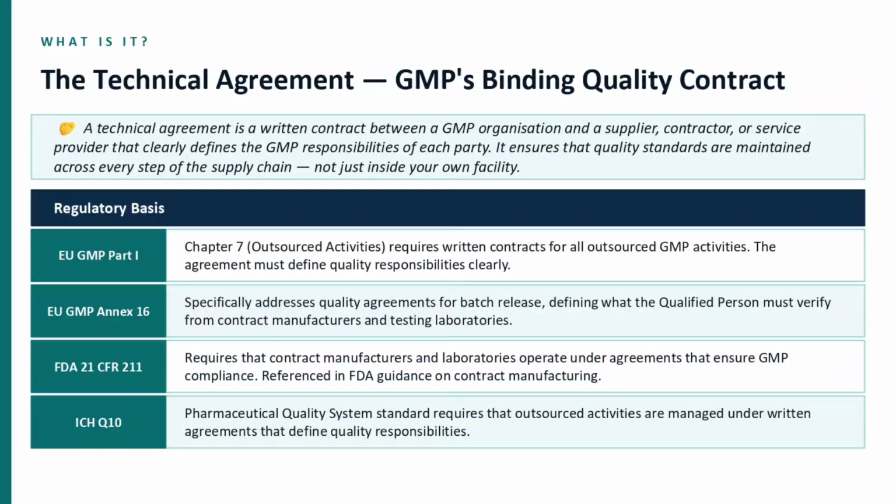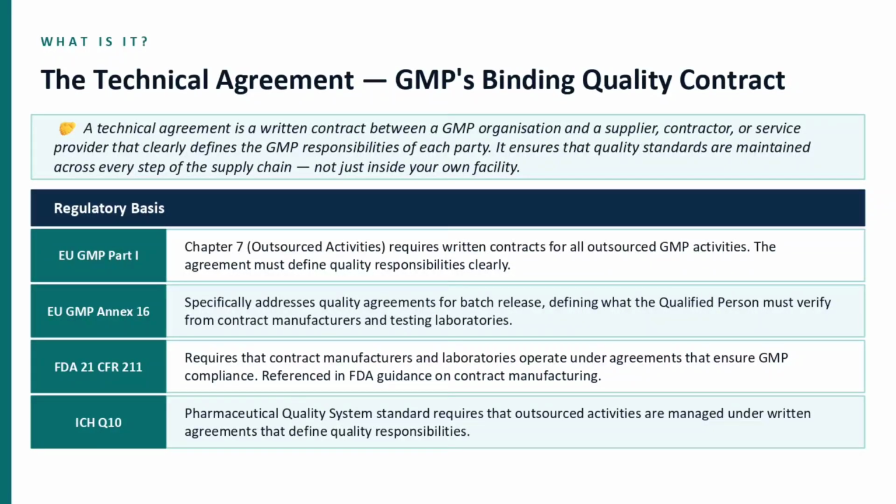EU GMP Part 1, Chapter 7 on outsourced activities requires written contracts that clearly define the quality responsibilities of the contract giver and the contract acceptor for every outsourced GMP activity. EU GMP Annex 16 specifically addresses quality agreements for batch release and defines what the qualified person must verify from contract manufacturers and testing laboratories.